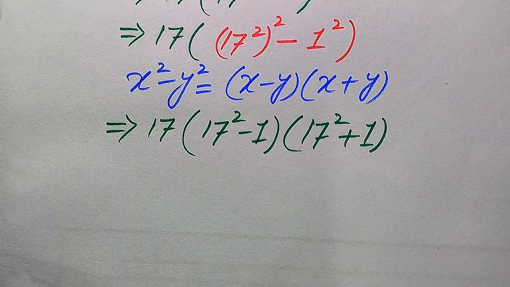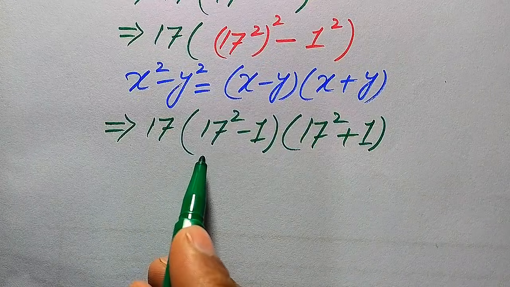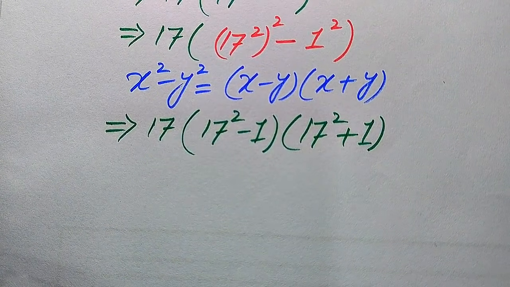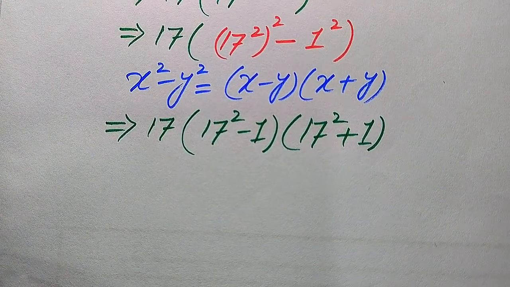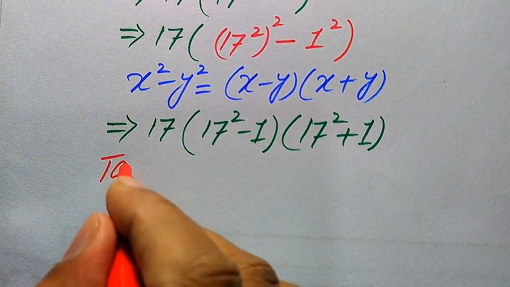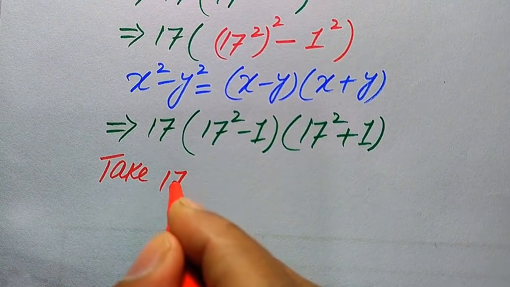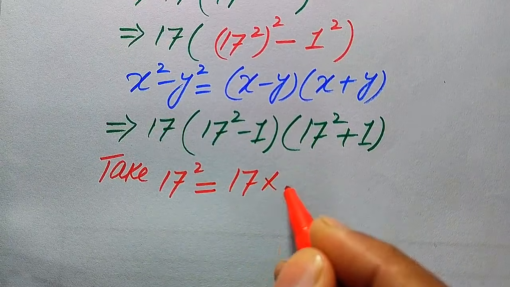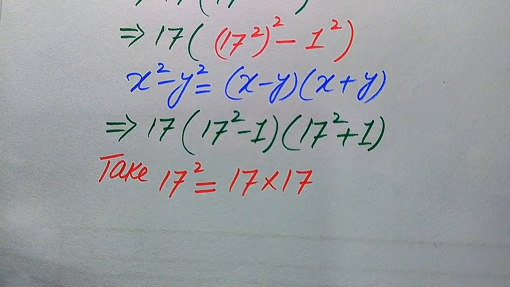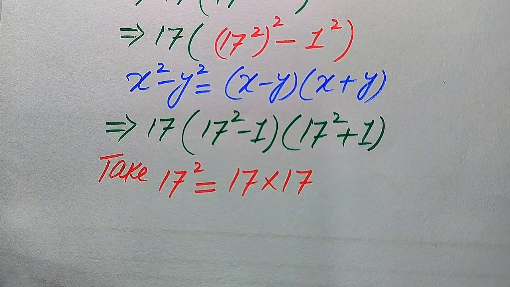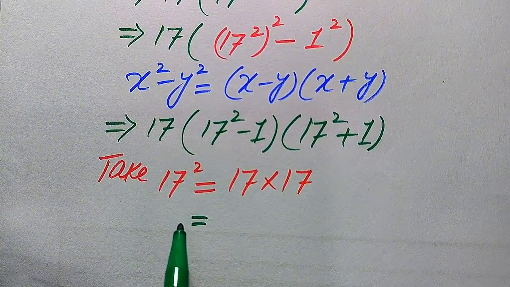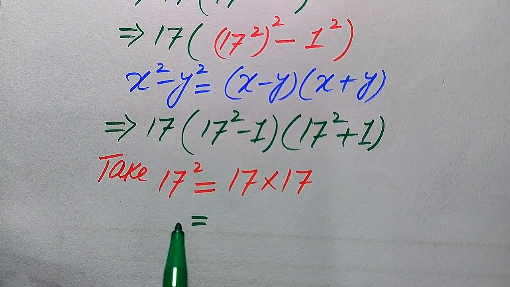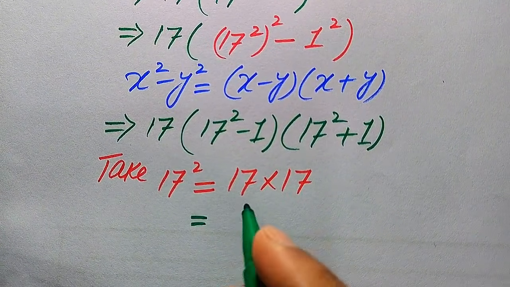Okay, so further in the next step we need to find the value of 17 square. 17 square means 17 times 17. And in order to multiply these terms, because calculator is not allowed, we need to do all of these steps.